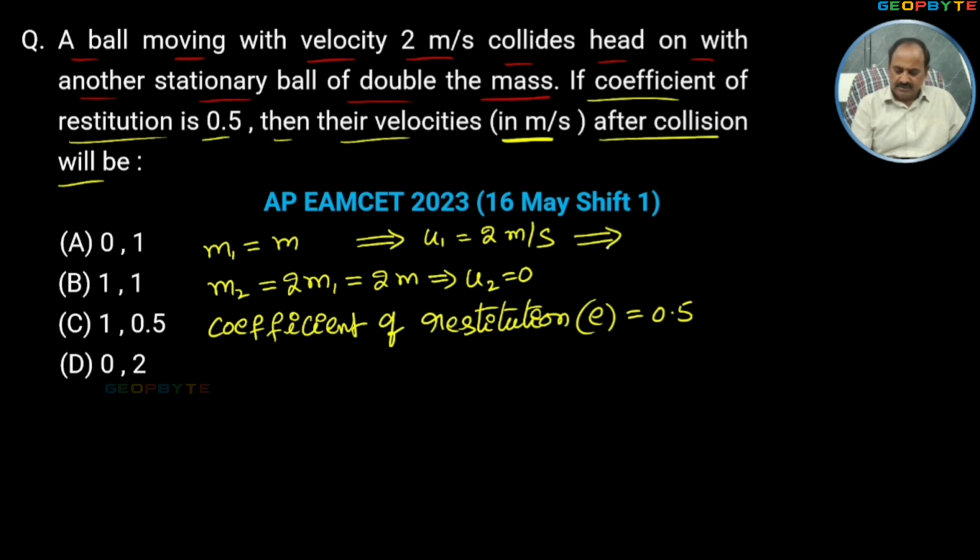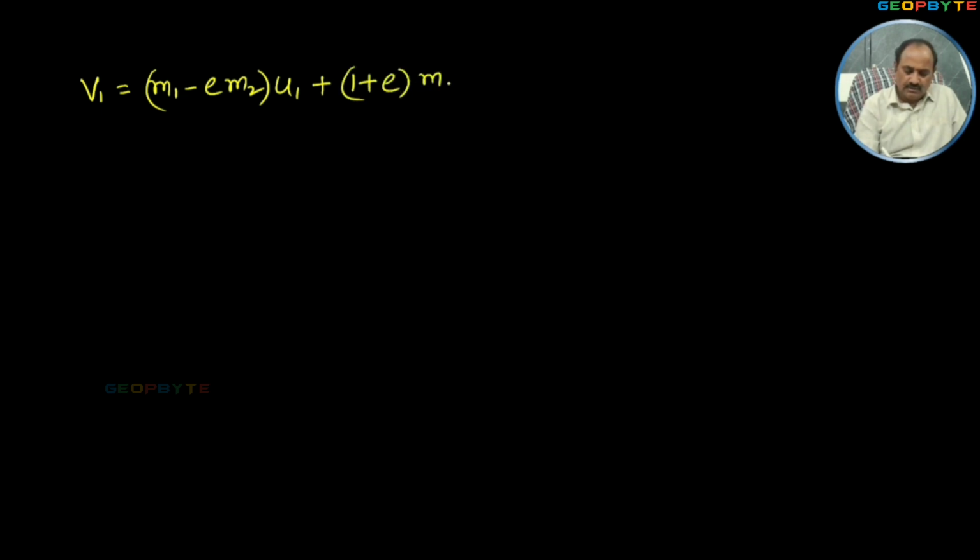Let v1 be the velocity of the first particle after collision, and v2 be the velocity of the second particle after collision. As you know, velocity of the first particle after collision is equal to m1 minus e m2 into u1 plus 1 plus coefficient of restitution into m2 u2 divided by m1 plus m2.